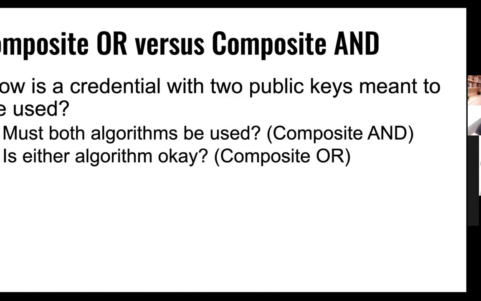So in their documents, they've actually introduced the concept of composite AND and composite OR. So they'll explicitly encode in the certificate that one of these 2 settings is meant to be used. And so you'll be able to tell from this certificate which security scenario is intended. We don't need this in the composite key exchange that I discussed earlier in TLS, because the semantics of it already define that it's composite and that we're having to use both of these algorithms.